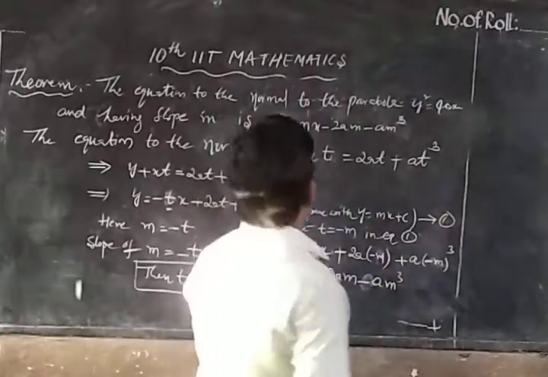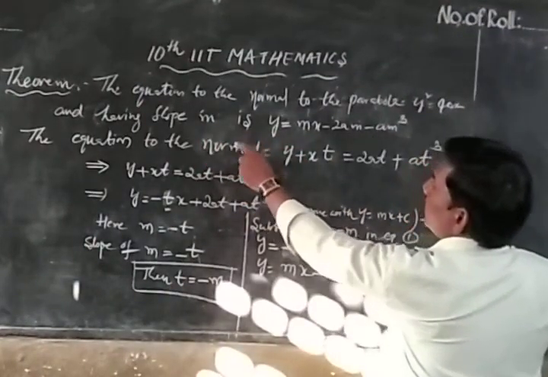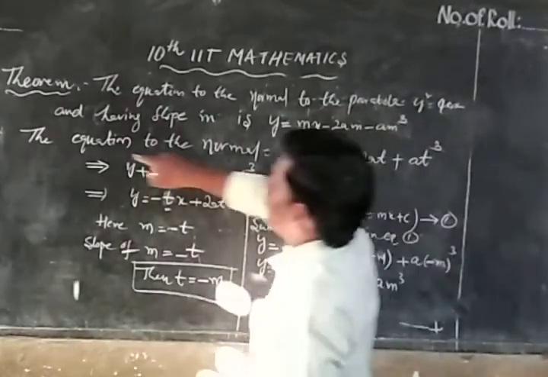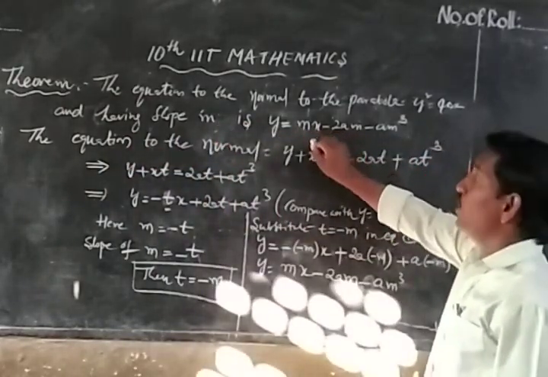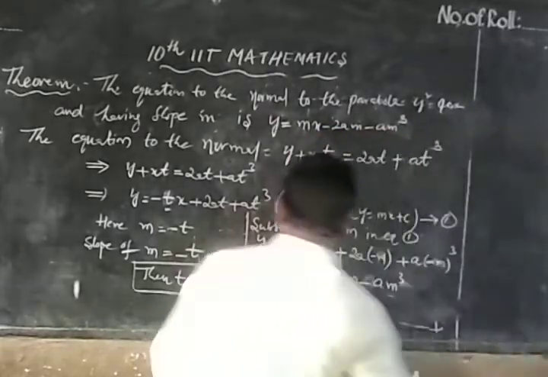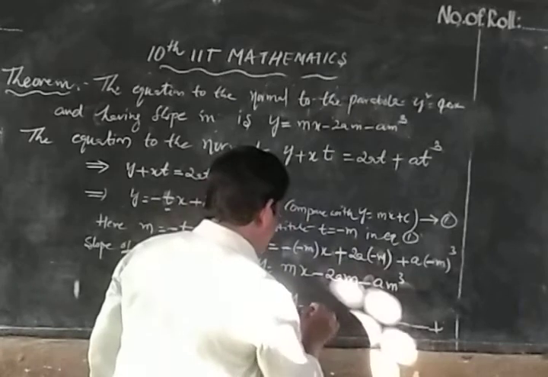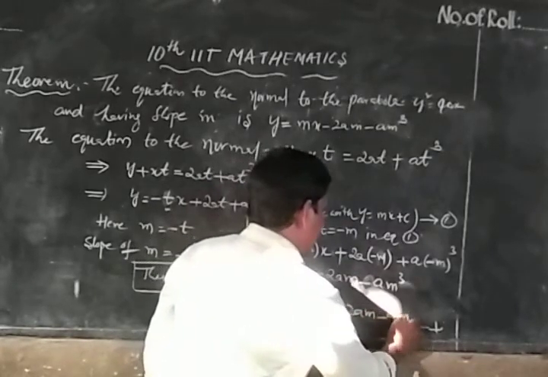So this is the required slope. If the slope is m, the normal is y = mx - 2am - am³. So this is the required one: y = mx - 2am - am³.